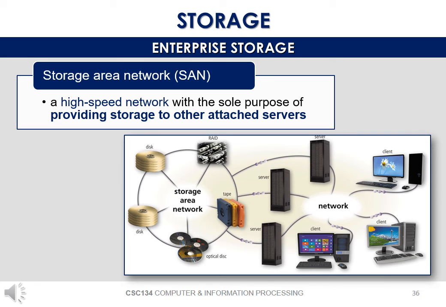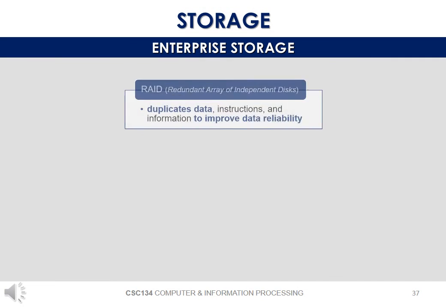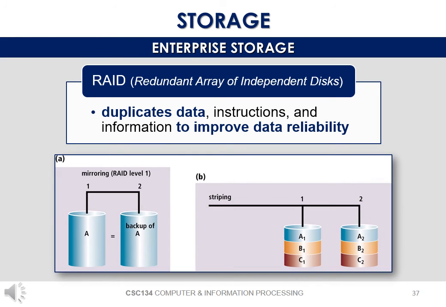Storage area network is a high-speed network with the sole purpose of providing storage to other attached servers. RAID, or redundant array of independent disks, duplicates data, instructions, and information to improve data reliability.